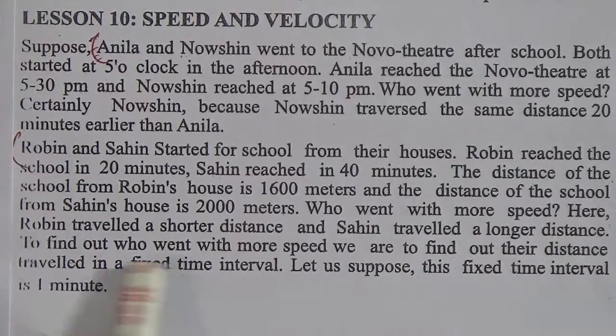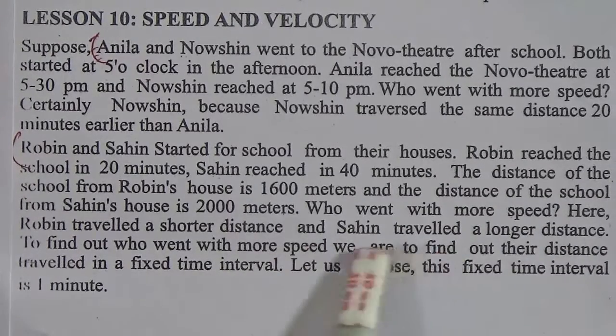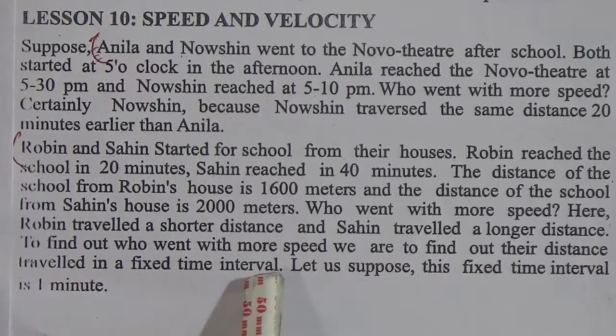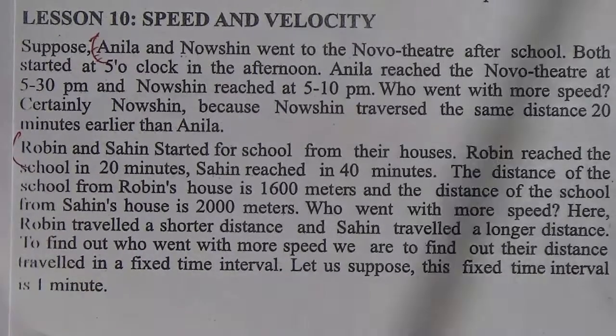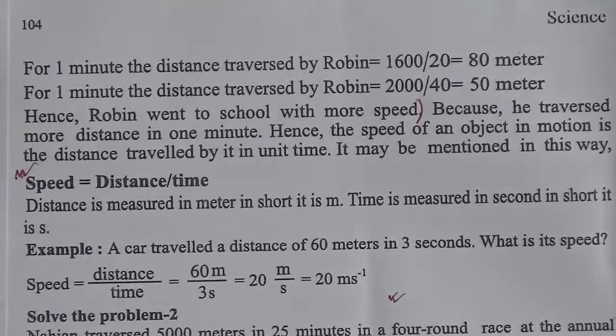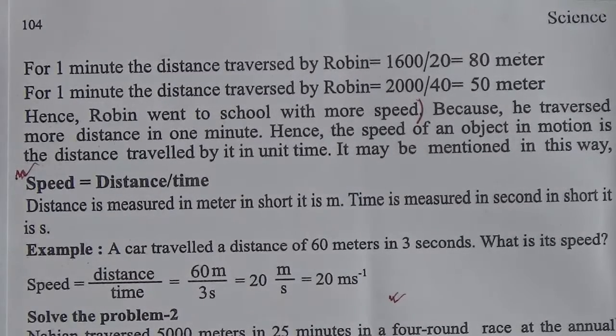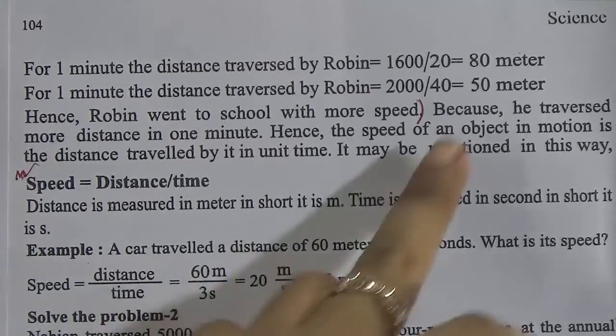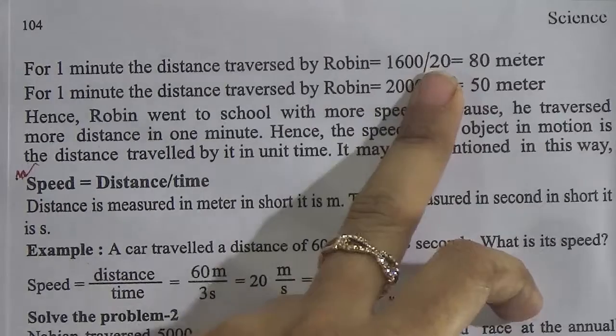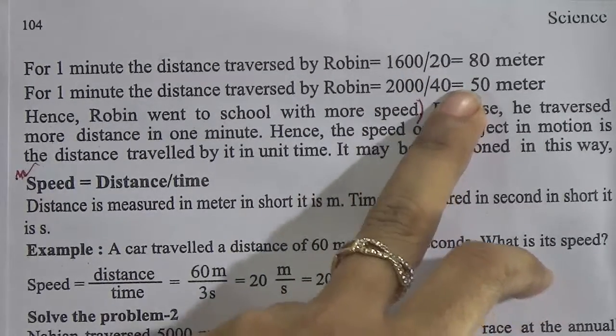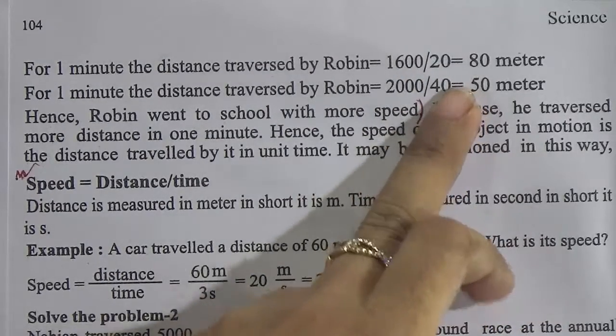To find out who went with more speed, we are to find out their distance travelled in a fixed time interval. Let us suppose these fixed time intervals. For 1 minute, the distance travelled by Robin: Robin's total distance, 1600 meter, divided by the time taken, 20 minutes.